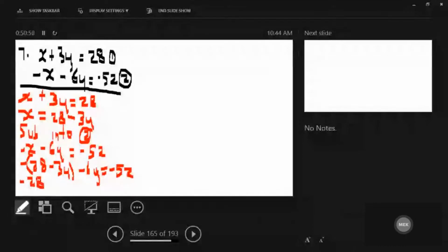And negative times negative 3y, that's positive 3y. Minus 6y, negative 52. So grouping the like terms, 3y minus 6y, that's negative 3y. And we're going to have negative 52.